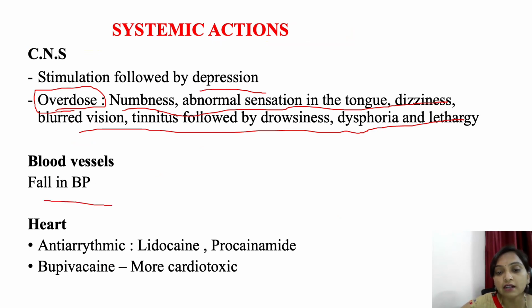Local anesthetics, mainly lignocaine and procaine, are used as anti-arrhythmic drugs; they are class 1 anti-arrhythmic drugs. This is one of the important non-anesthetic uses of local anesthetics. Bupivacaine is cardiotoxic. So these are the effects.